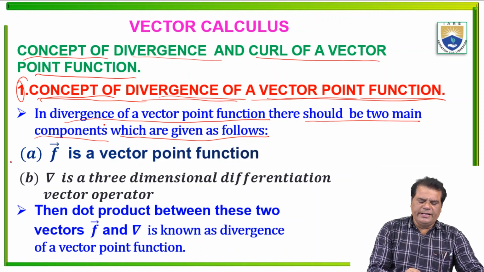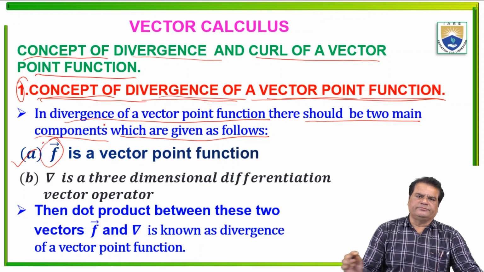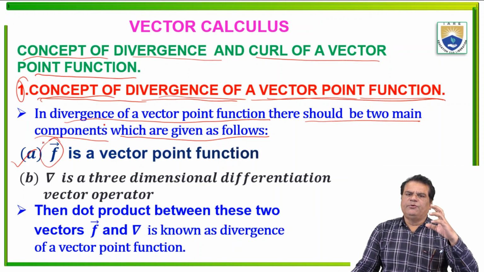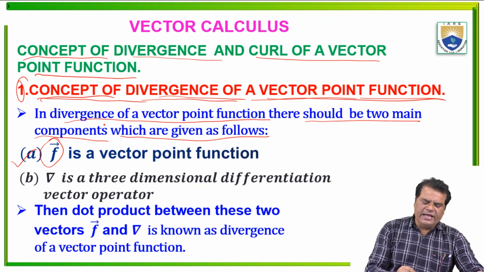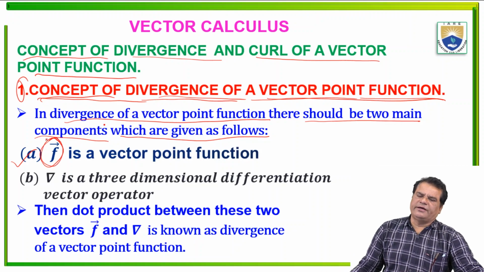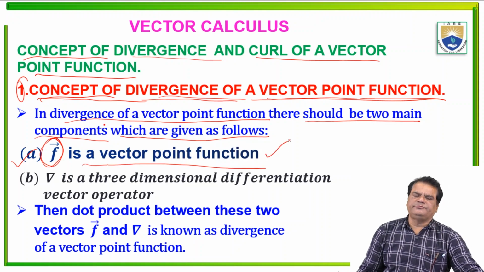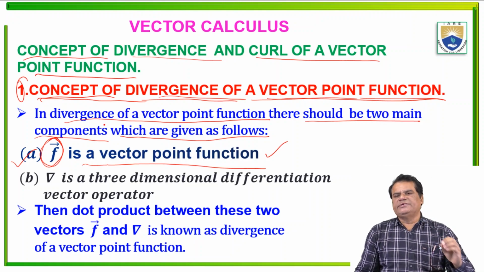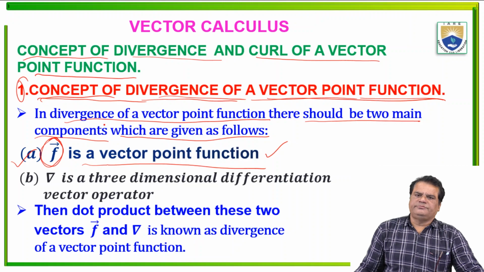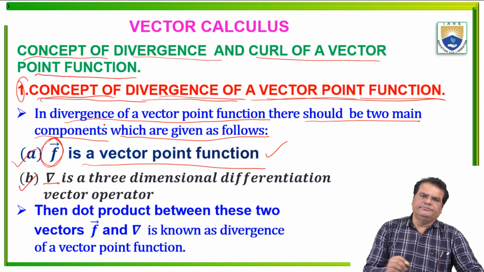Number 1 component is F, a vector. F is any position of a point in a 3-dimensional geometry, and that F is represented by a vector. F is a vector point function. Second is del.